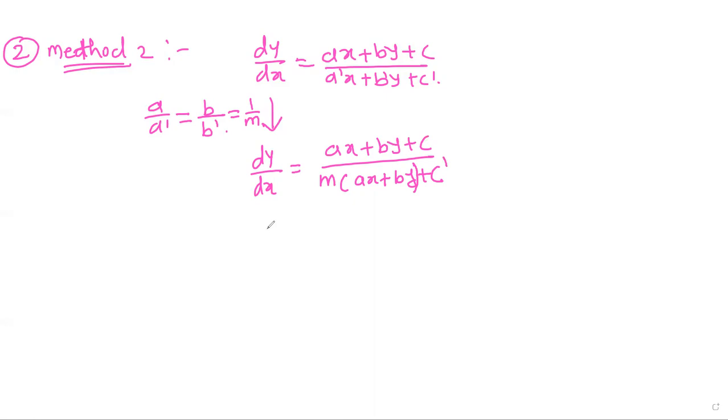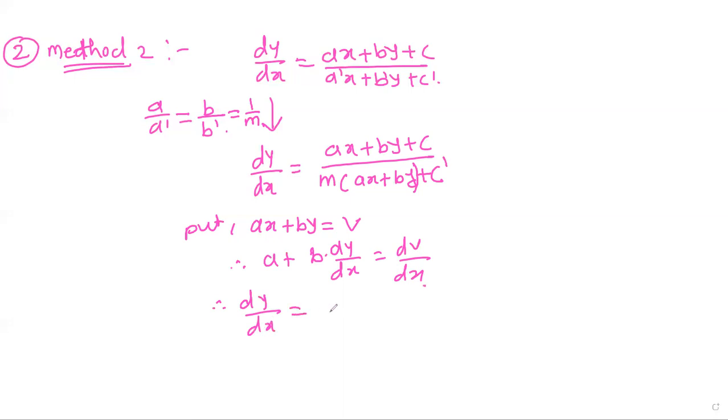Okay, so now after using this step, we put ax plus by is equal to v. Therefore, a plus b into dy by dx becomes dv by dx. Therefore dy by dx becomes, shift this a on this side, so dv by dx minus a, 1 upon b.